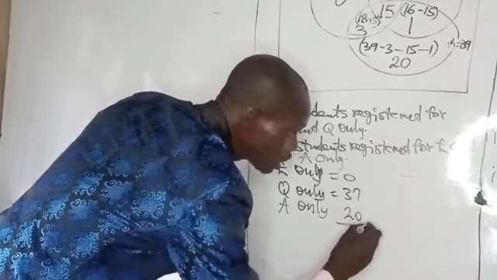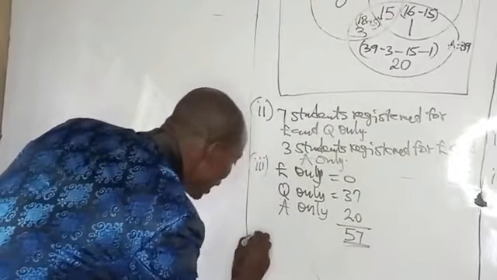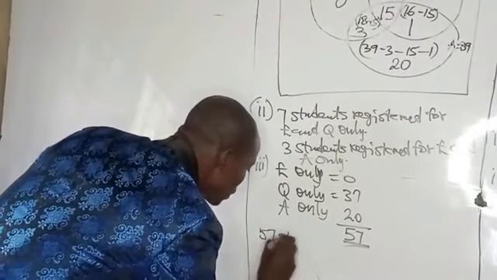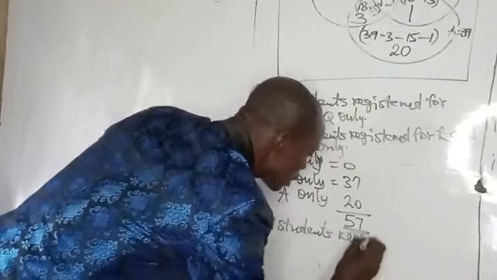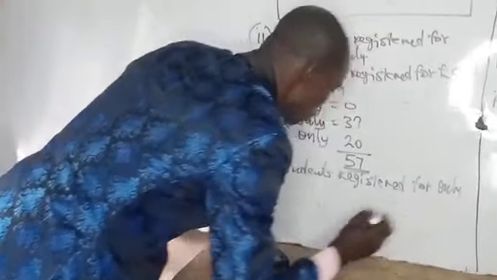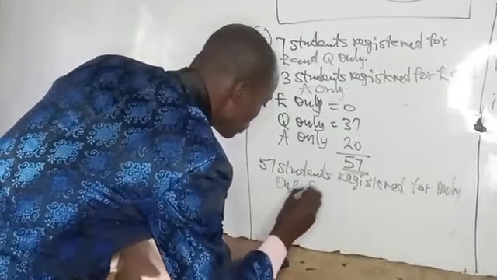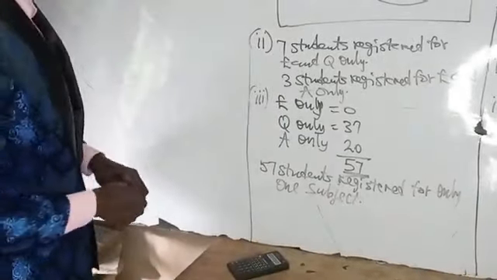If you sum it up, you have 57. Therefore, 57 students registered for only one subject.